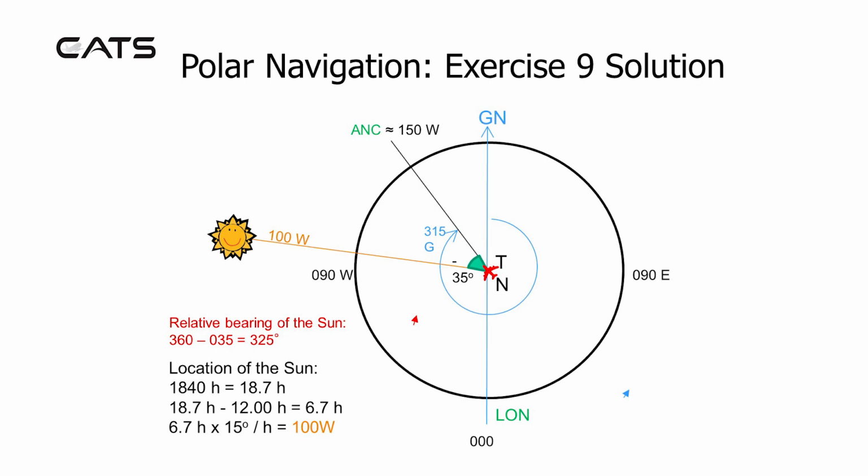The location of the sun at 1840, which is equivalent to 18.7 hours, may be determined by subtracting 12 hours to get 6.7 hours. Multiply this by the Earth rate of 15 degrees per hour to get 100 degrees west. At this position, the bearing of the sun is 325.